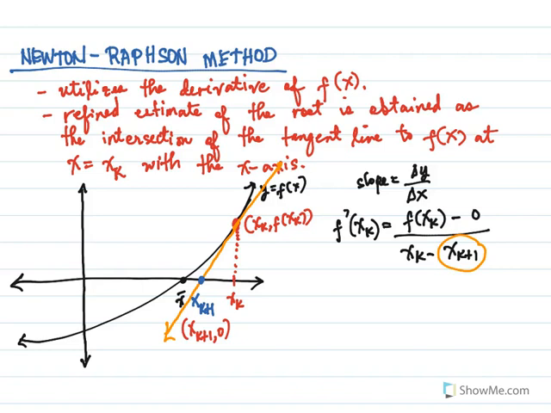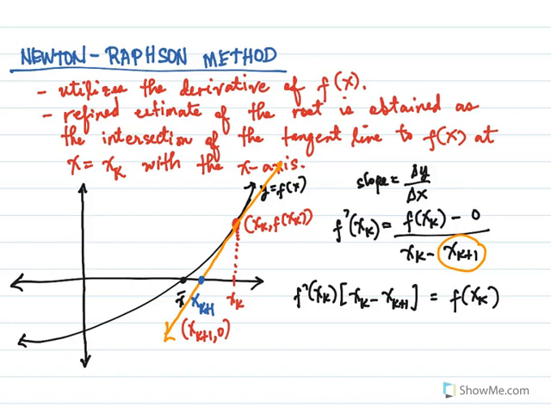So we just manipulate this equation. So you have here f prime of x sub k times x sub k minus x sub k plus 1 is equal to f of x sub k.